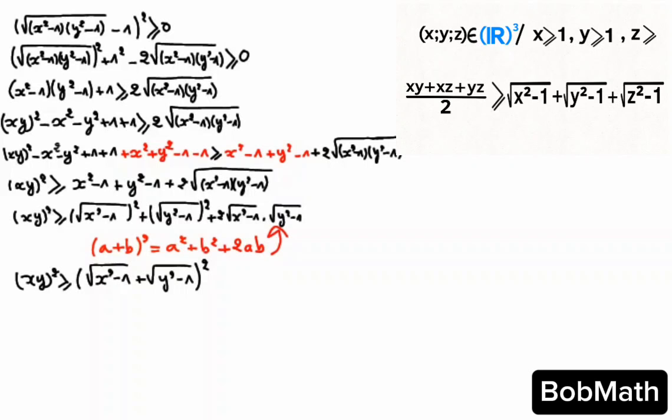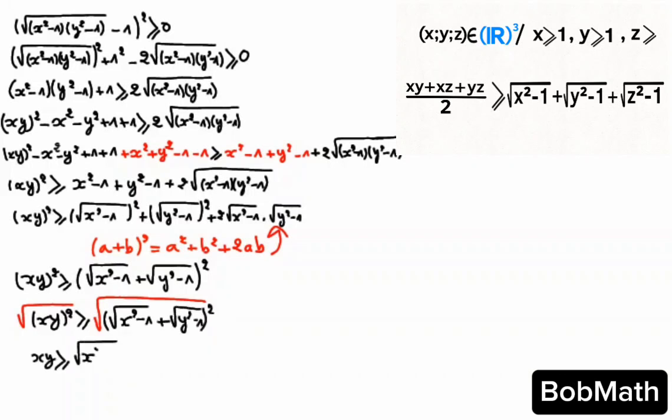So we get the square root of (xy)² is greater than or equal to the square root of (the square root of x² minus 1 plus the square root of y² minus 1) squared, and therefore xy is greater than or equal to the square root of x² minus 1 plus the square root of y² minus 1. We call this inequality 1.